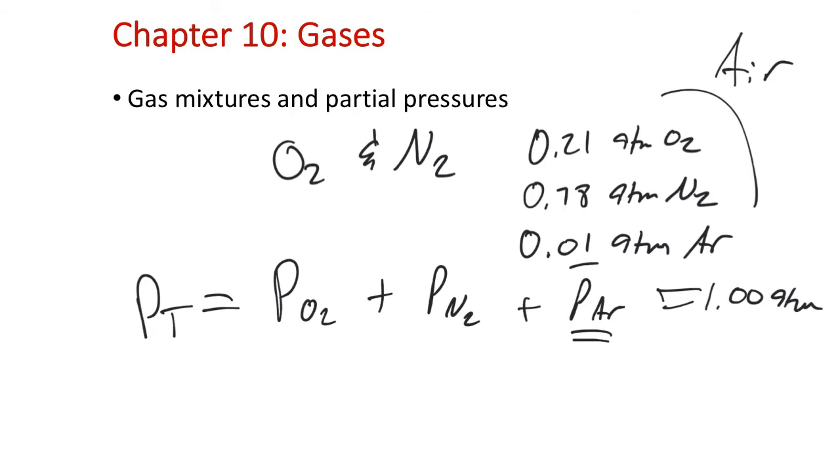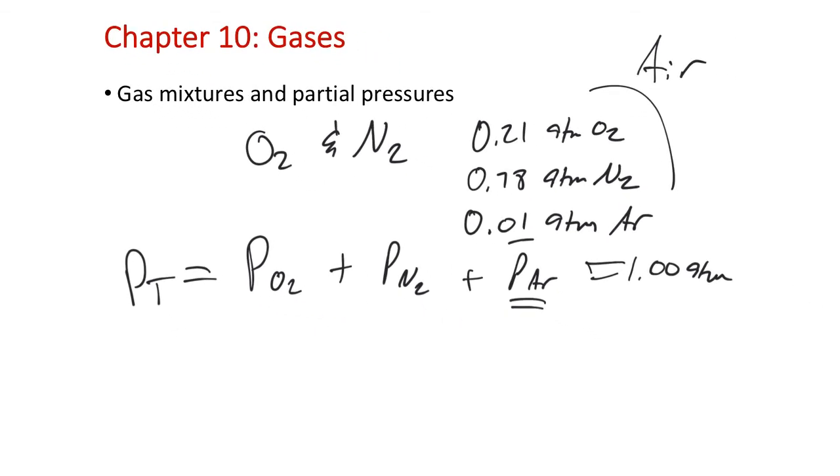Now, one of the things we could do is ask, how can we relate the partial pressure of a component to how much of that gas is actually present within the mixture? So now we can deal with gas mixtures in an air sample, but also any other gas sample we might encounter. One of the things we might want to do is compare the partial pressure of one component of a mixture to the total pressure.